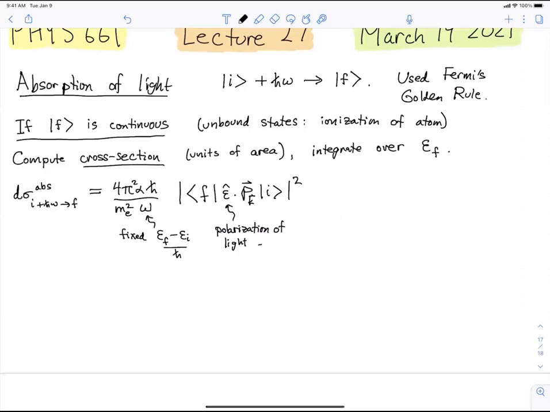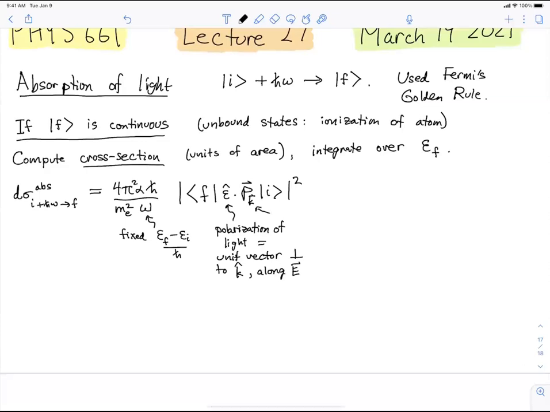So this is a unit vector perpendicular to the direction of propagation, which we're calling k hat, and it's along the electric field direction of the wave.